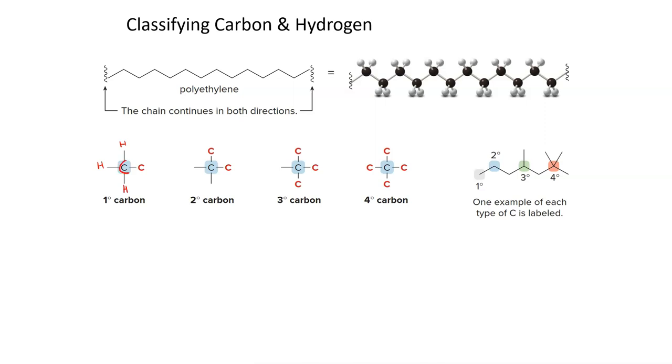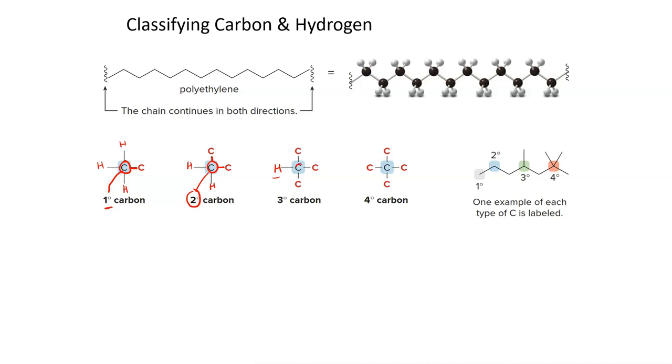If the carbon of interest is attached to one other carbon, we consider that a primary carbon. If a carbon of interest is attached to two other carbons, that is going to be a secondary carbon. Now here, those are actually hydrogens, so all of the spots that don't have a carbon shown are actually hydrogens, not carbons.